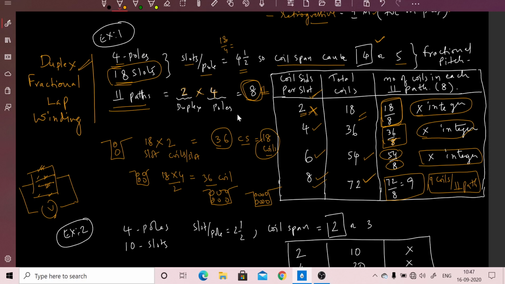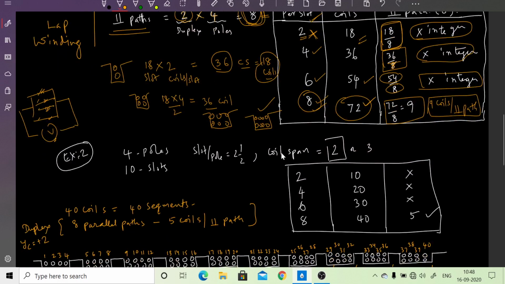So 8 coil sides and 4 is the coil span, which is a fractional type of nature, and this is a duplex type of winding, because we have taken duplex number 2 and we have taken 8 parallel paths. So ultimately this winding will have 8 coil sides per slot, 72 total coils on the armature, and 18 slots on the armature. So this is one example.